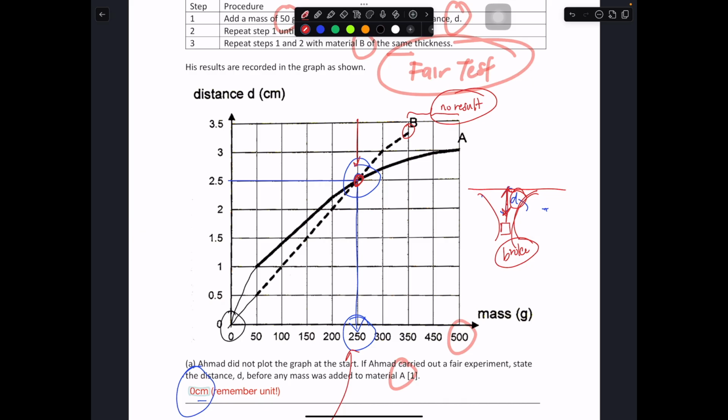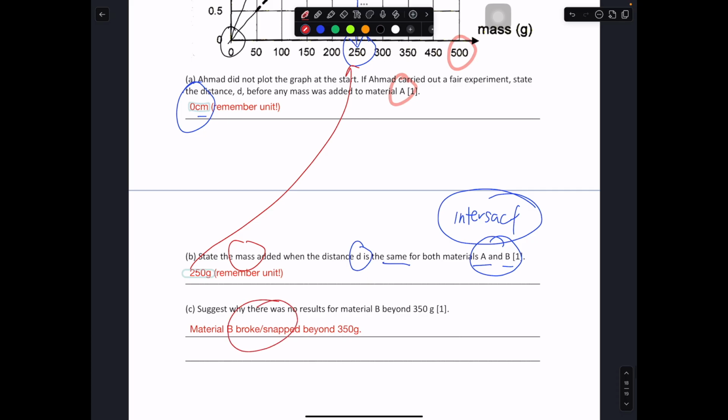The material snapped, so beyond 350 grams there are no more results. So how do you answer this part? You can just say material B broke or snapped beyond 350 grams.